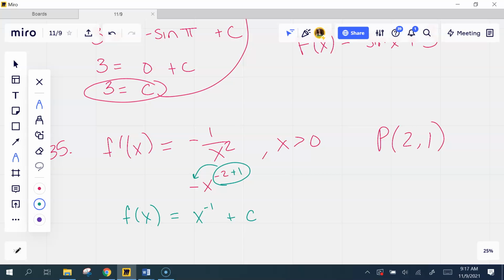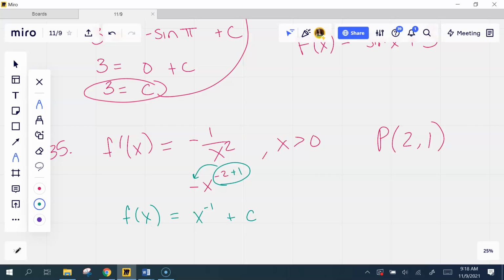Why do you get x to the negative 1? Because I add 1 to the exponent, and then I divide the number in front by that value. But I need to find out what c is, so I'm going to plug the point in. For the first part, you moved the bottom thing to the top and made the exponent negative.